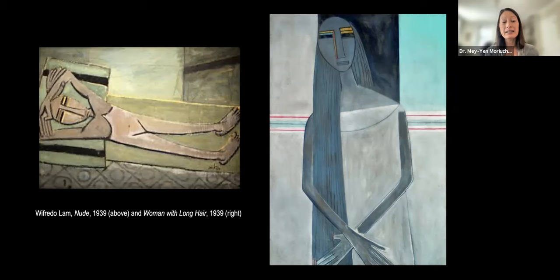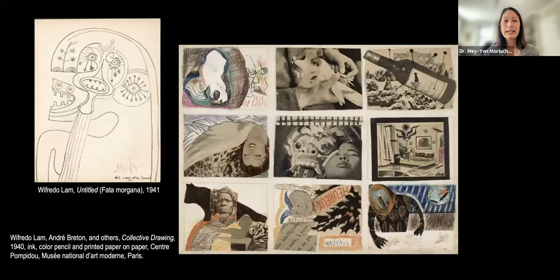He had seen Picasso's collection of African sculpture and was impacted by that. And so these early works show him experimenting with what he's encountering. Later, after some encounters with Breton and the surrealist thought, he creates works like these.